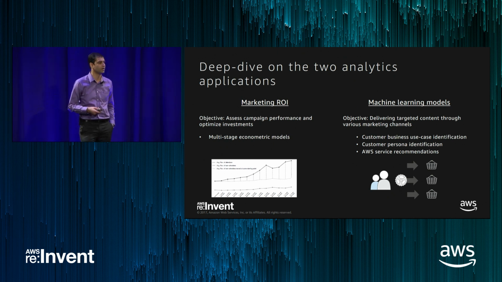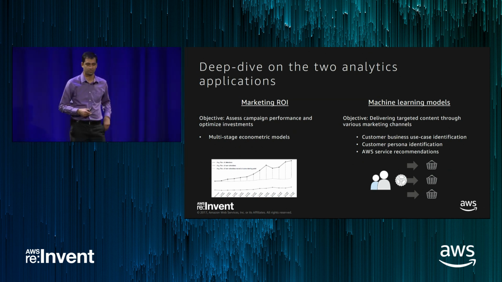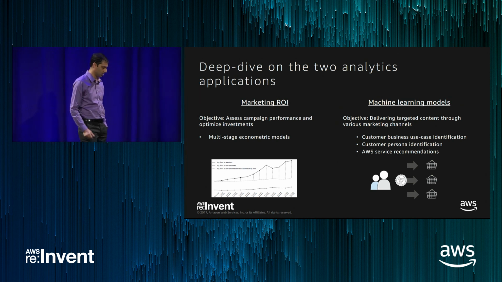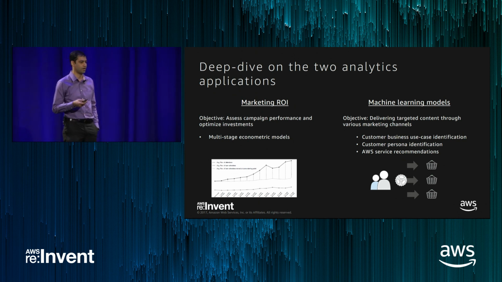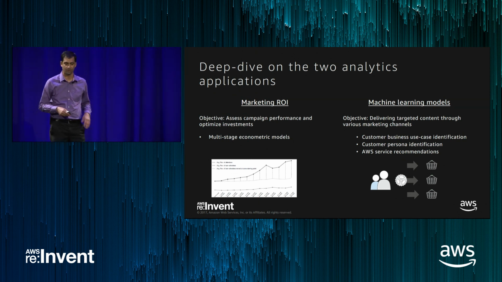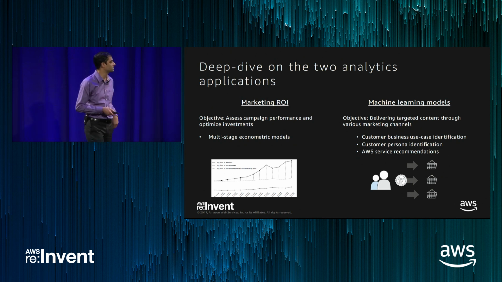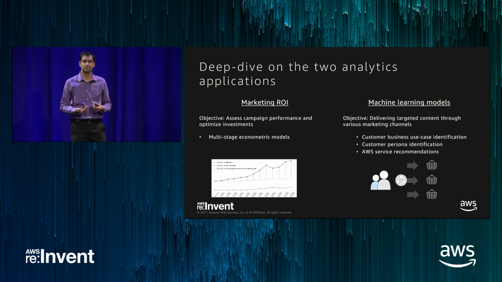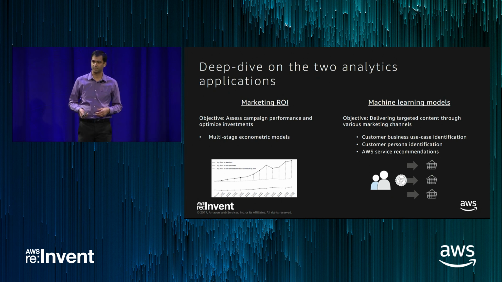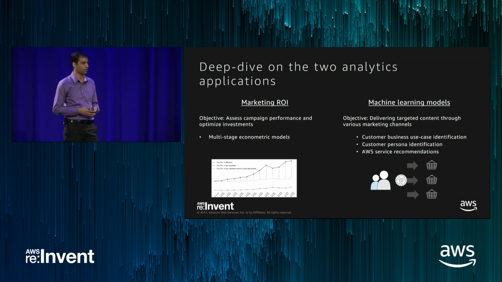But not every marketing campaign you can set up as an A/B test or design of experiments. So that's where we start to look into some of the observational study principles and do analysis to measure the ROI. So the first application that we are going to talk about is marketing ROI, which is a multi-stage econometric model where we deploy advanced matching strategies to build a lookalike cohort of customers to compare the performance.